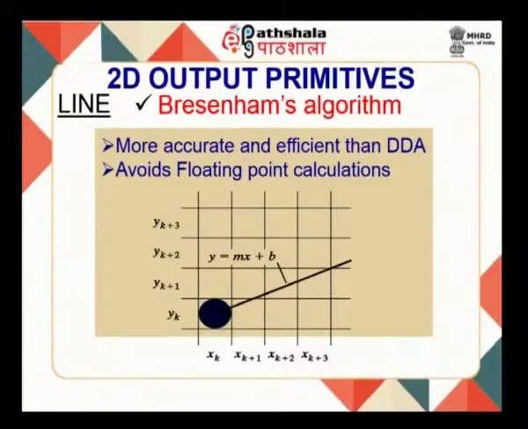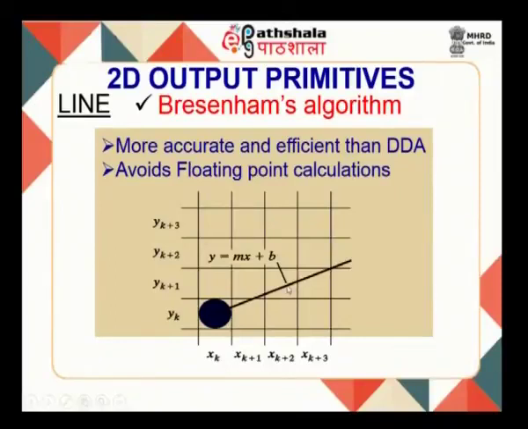To start with, Bresenham is more efficient because it avoids floating point calculations, so no rounding off and no other errors, and it is also more accurate. Imagine you are given a line whose slope is, for example, m less than 1.